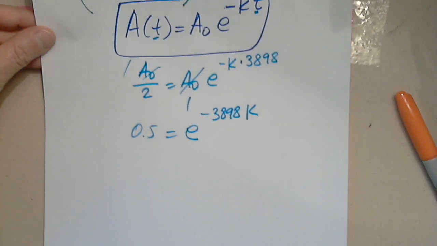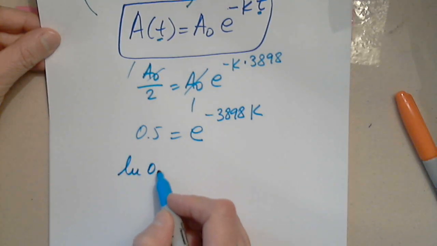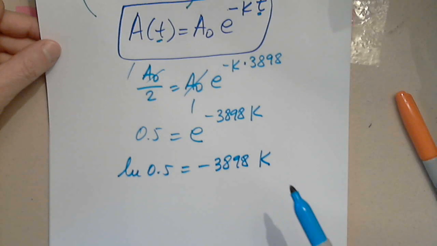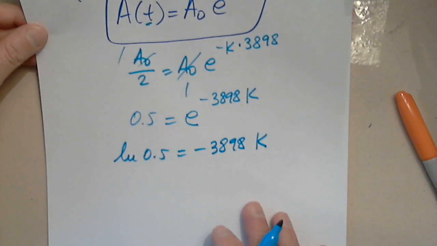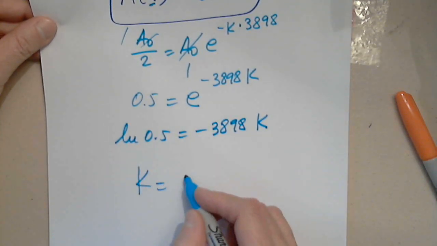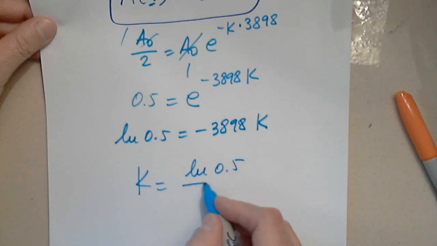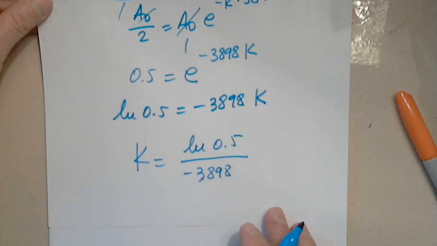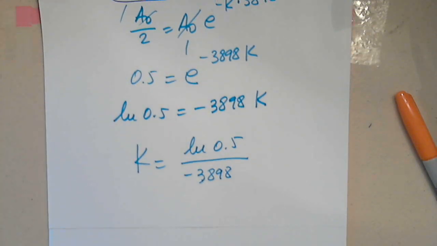Exactly like we've just looked at. Natural log of 0.5 equals negative 3.898k. I should write times natural log e, but that's 1. So then k equals natural log 0.5 divided by negative 3.898.